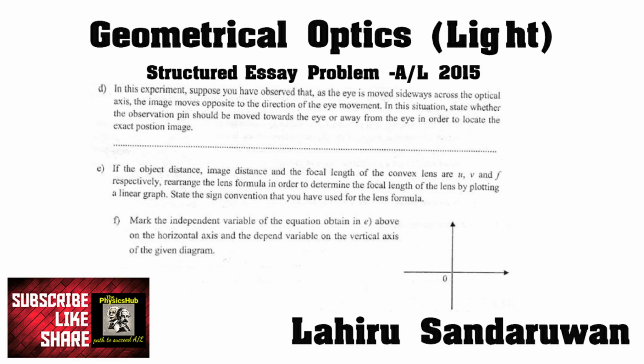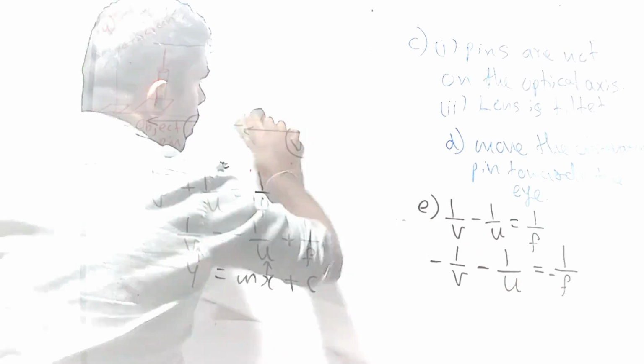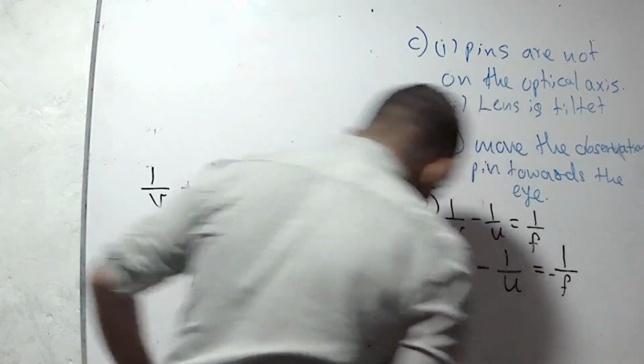Then part F, mark the independent variable of the equation above in E on the horizontal axis and the dependent variable on the vertical axis of the given diagram. They have given x and y axis.